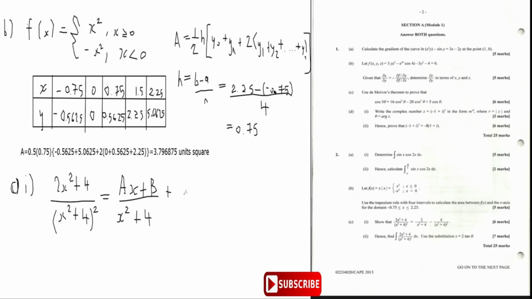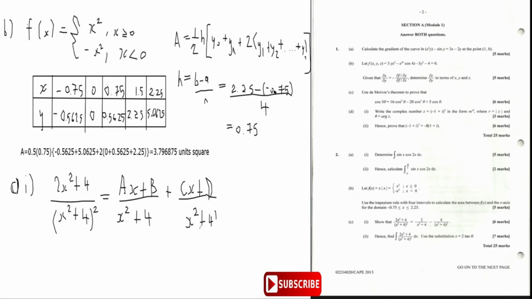The irreducible quadratic that is repeated takes the form of ax plus b over x squared plus 4 plus cx plus d over x squared plus 4 all squared.